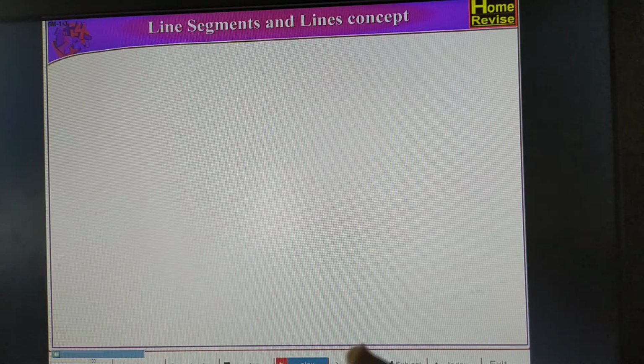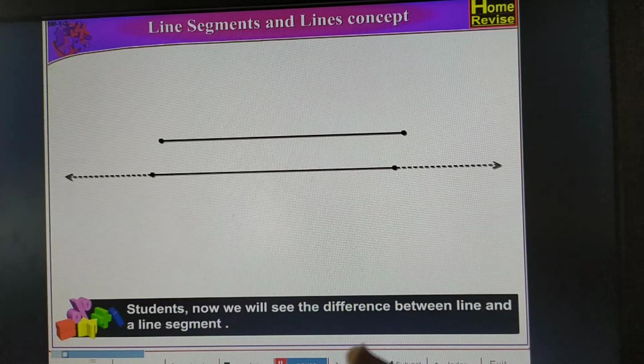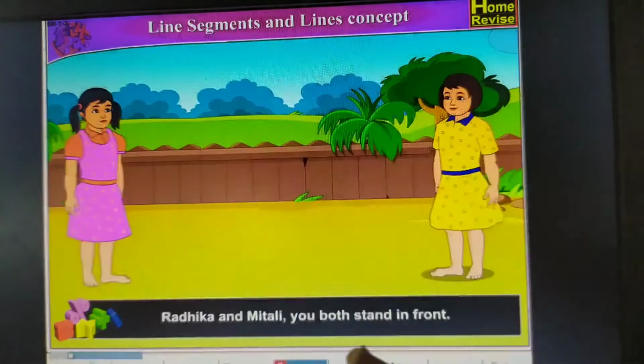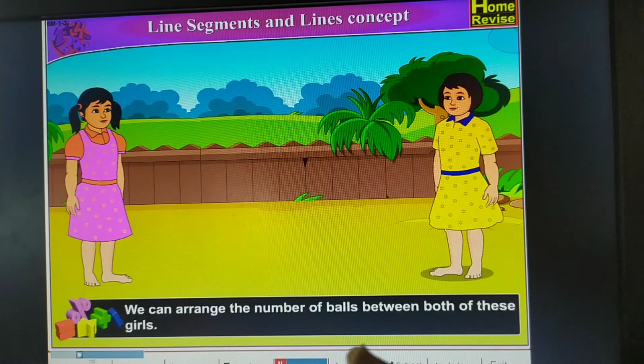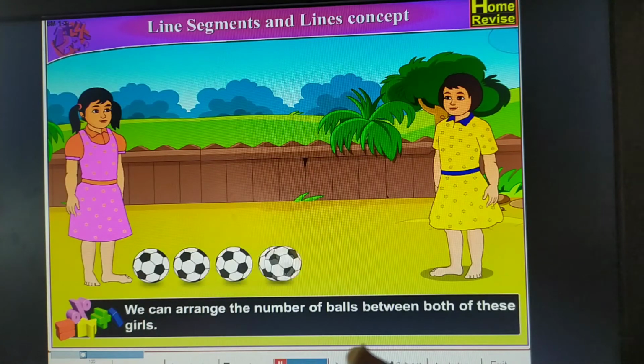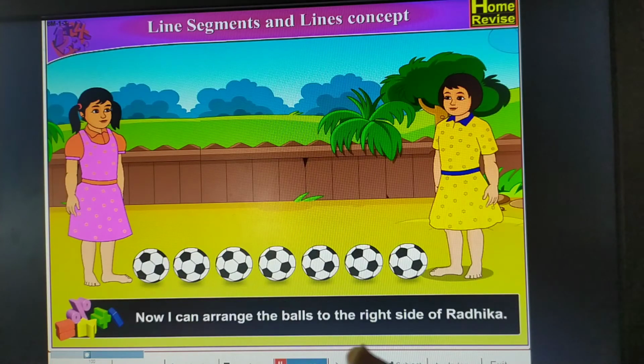Our next point is line segment and line concept. Students, now we will see the difference between the line and the line segment. Radhika and Mitali, you both stand in front. We can arrange a number of balls between both of these girls.